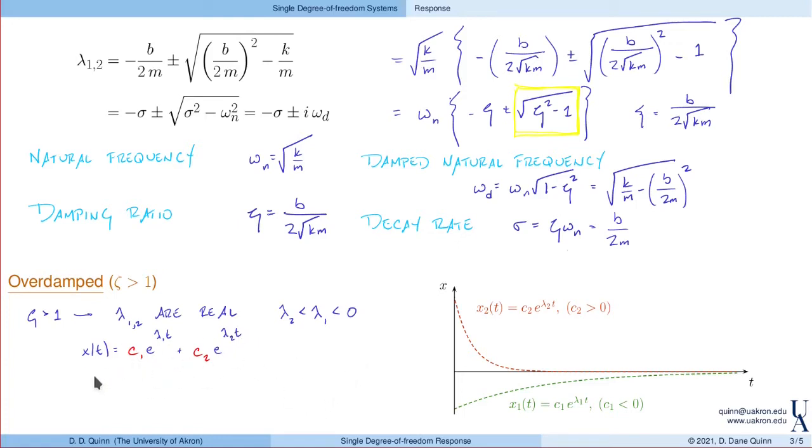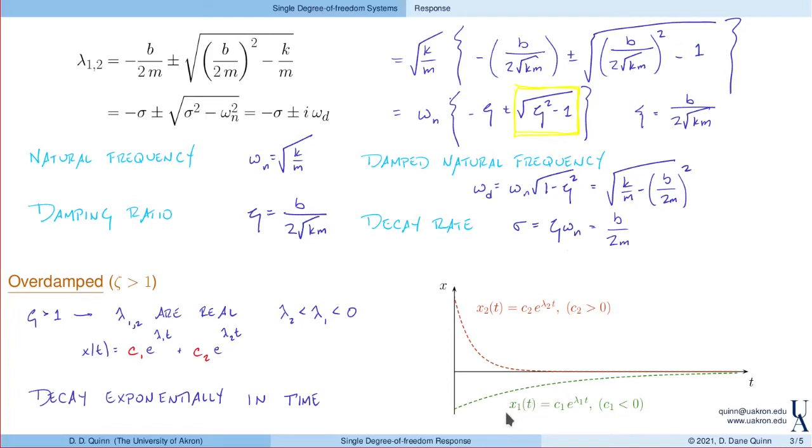Both of these decay exponentially in time, because lambda 1 and lambda 2 both have negative real parts. Over on the right, I have illustrated an example case.